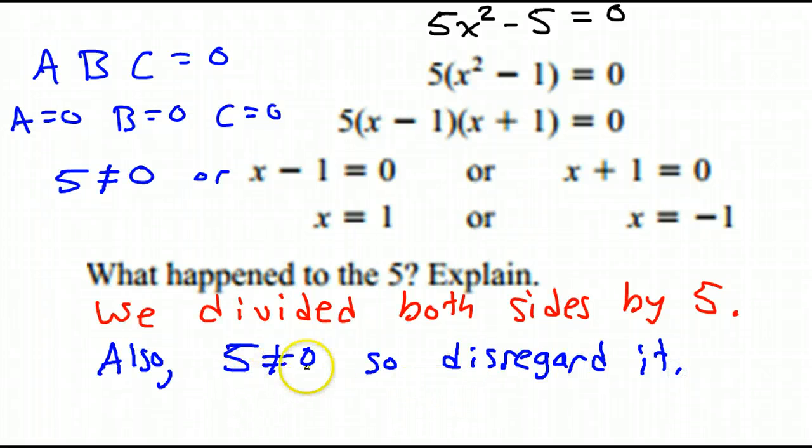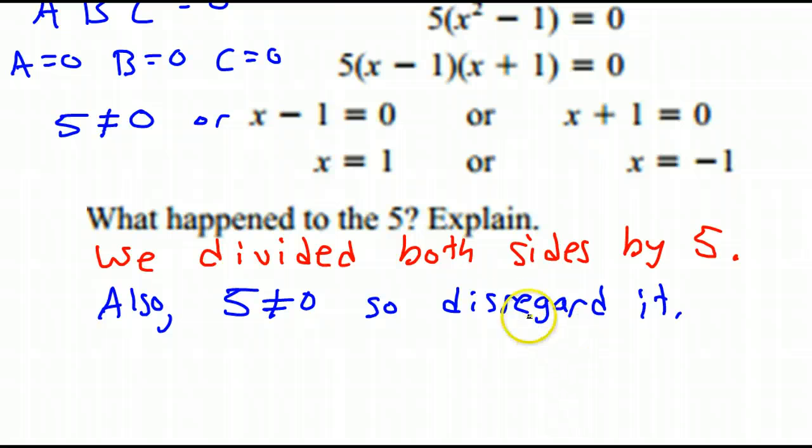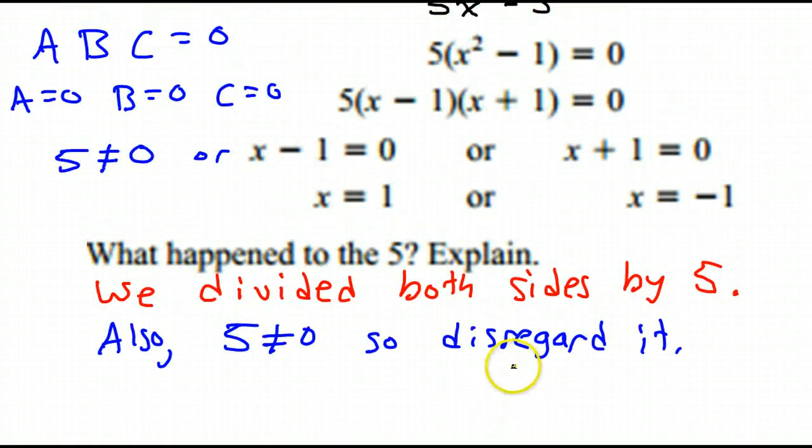Okay, 5 cannot equal 0, so disregard it. Okay, ignore it. That means ignore it, if you don't know what disregard means. So you could look at it as either one of those two things.